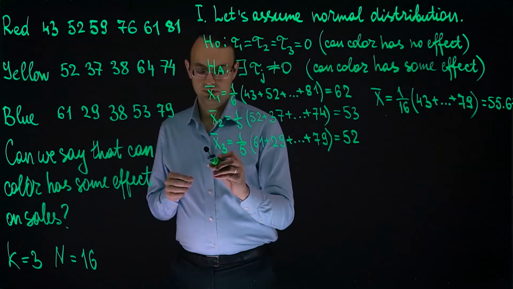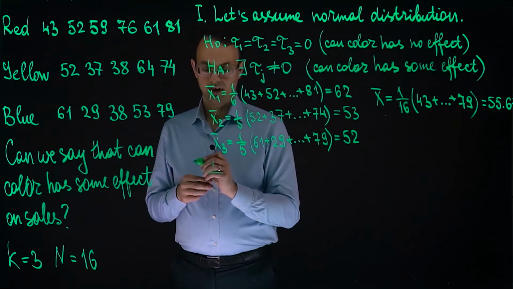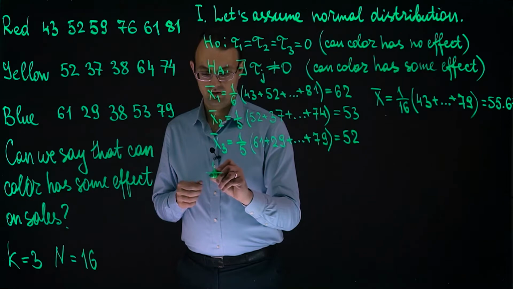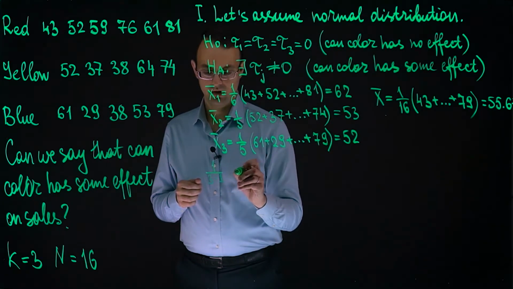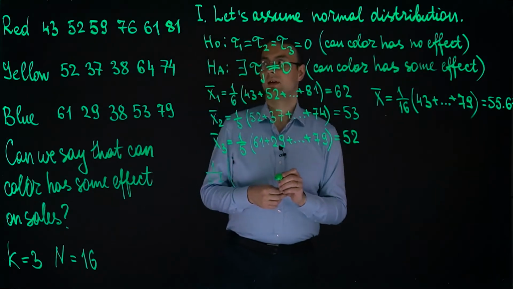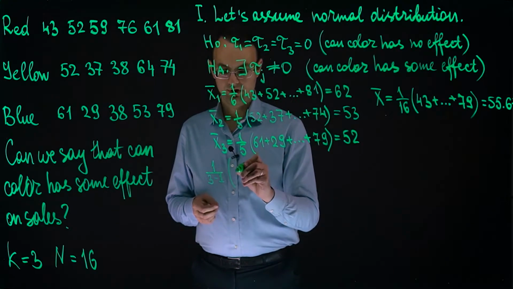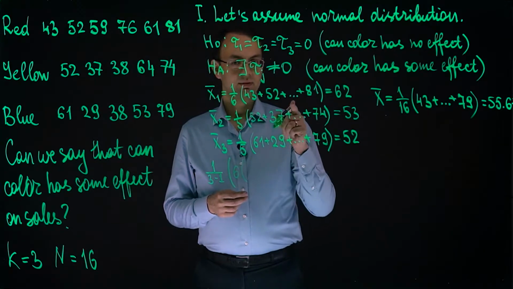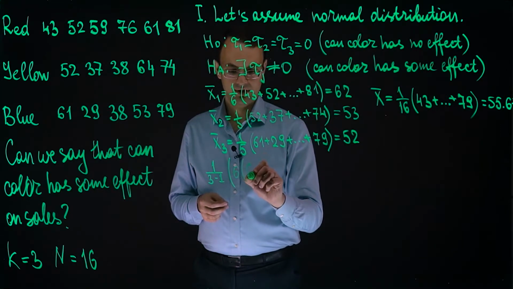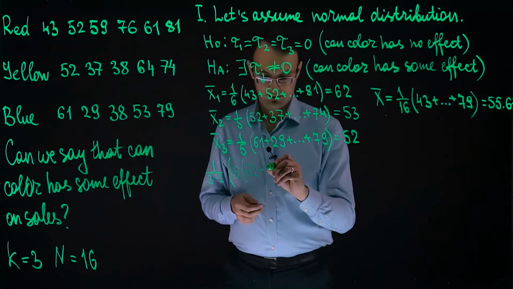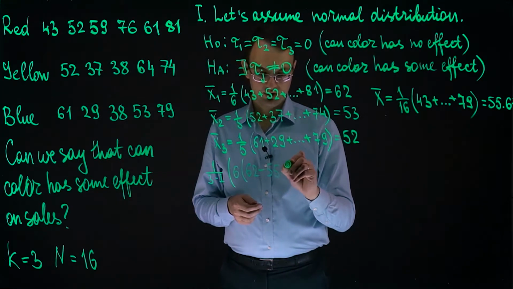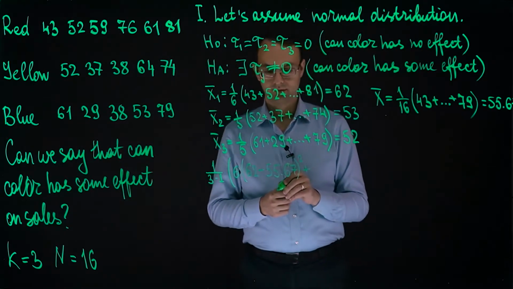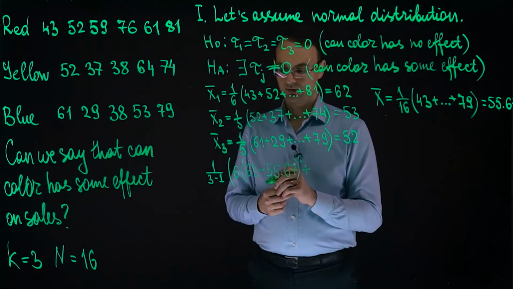As for the numerator, we have 1 over k minus 1, that is 3 minus 1, and here we have the sample size of the first sample, 6, multiplied by the sample mean of this sample, that is 62, minus the global sample mean, 55.67, squared, plus the same for the second sample.